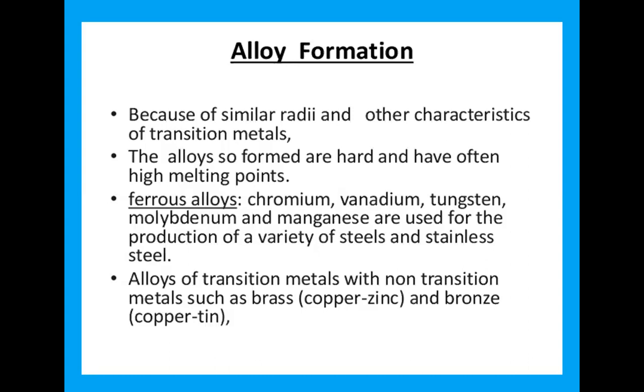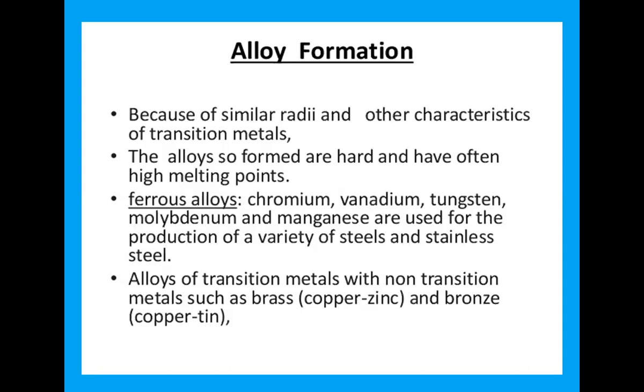Only if it is less than 15% are these elements capable of forming alloys. And due to these similar radii, which are comparable in terms of less than 15%, transition metals are capable of forming a large number of alloys. Certain alloys, for example, ferrous alloys.